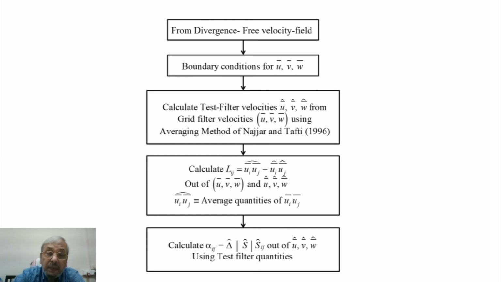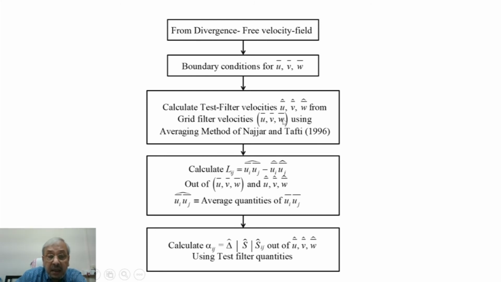So I have given a flow chart so that when you calculate it, you can apply the algorithm properly. From the divergence free velocity field, which are all u bar, v bar, w bar, we apply again boundary conditions on u bar, v bar, w bar, and calculate test level velocities.